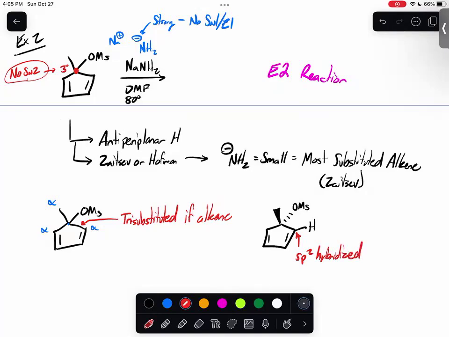Now, the reason this is a problem is because if we want it to be anti-periplanar, it has to be 180 degrees from the leaving group. That's not possible if it is in the plane, right? Instead, what it'll be is it'll just be facing in a direction that we could never rotate this mesyl group into.